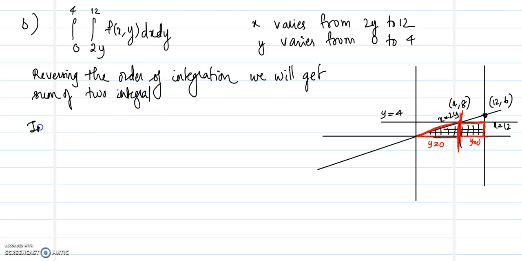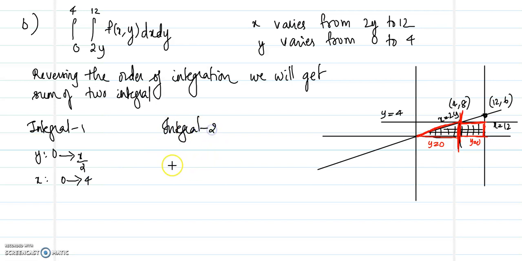For integral 1, y will vary from 0 to x by 2 and x will vary from 0 to 4. And for integral 2, y will vary from 0 to 4 and x is varying from 8 to 12.